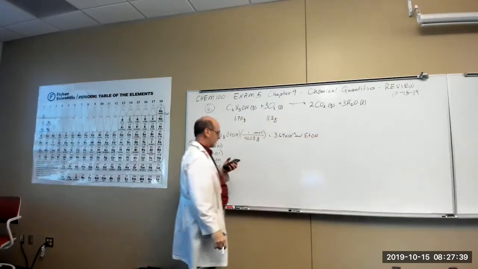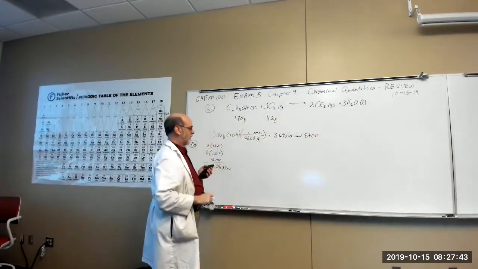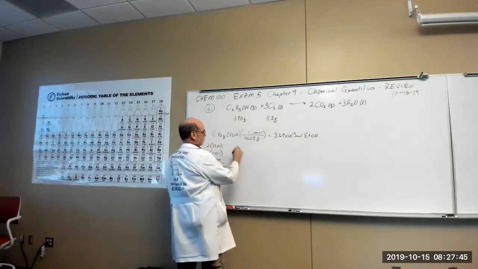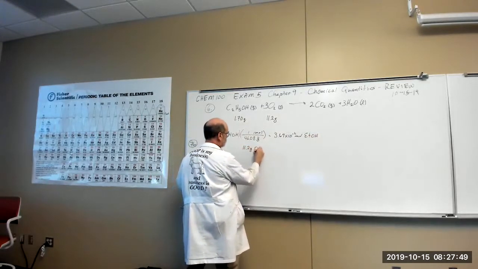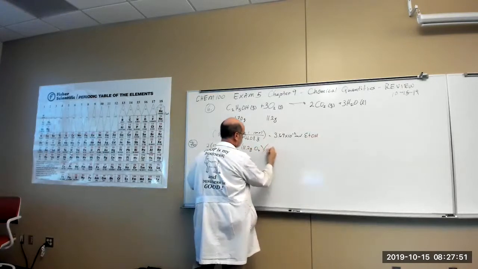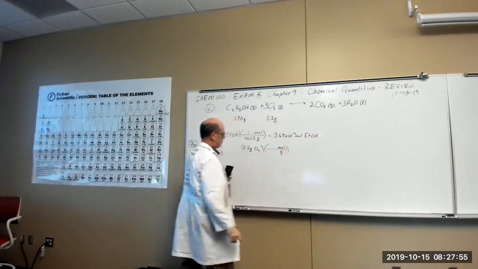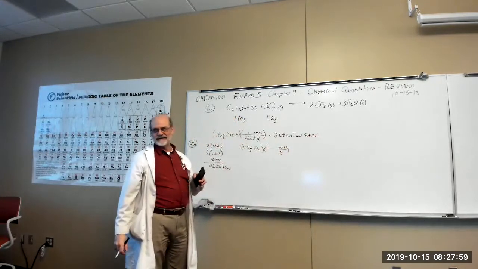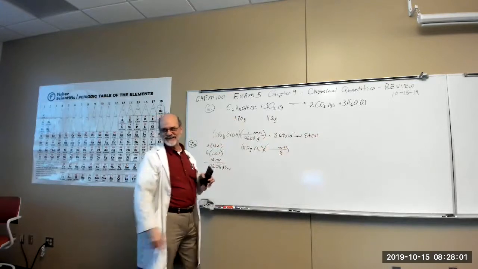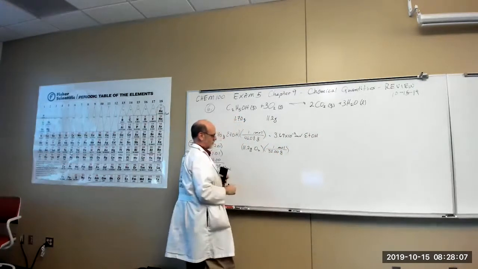Okay? So let's do moles of oxygen now. So we have 11.2 grams of oxygen. So what's our conversion factor for oxygen? What's the molar mass of O2? Times 32.